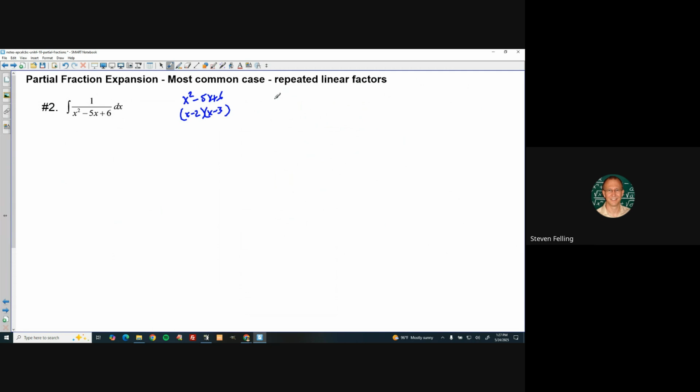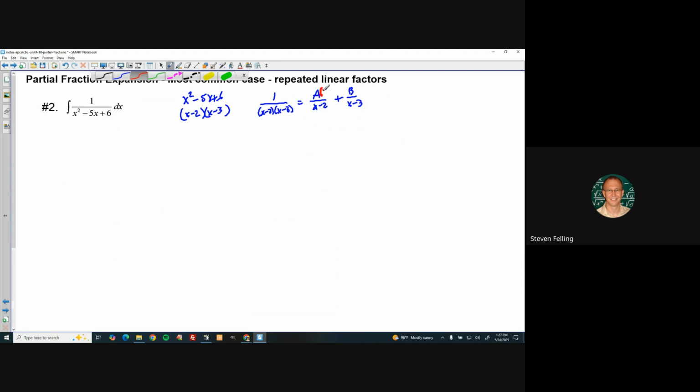So I've got this, this is 1 over x minus 2 times x minus 3, which we're going to postulate is equal to some unknown a over x minus 2 plus some different unknown b over x minus 3. Okay, to get a common denominator, I'm going to do less writing here.